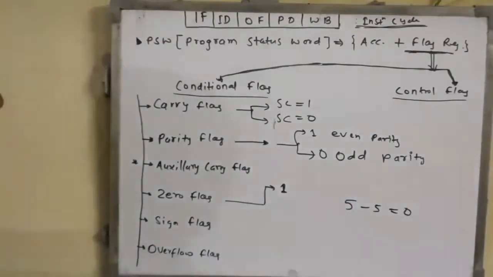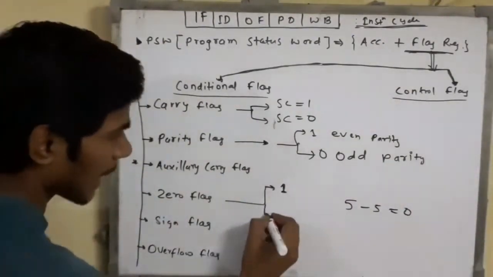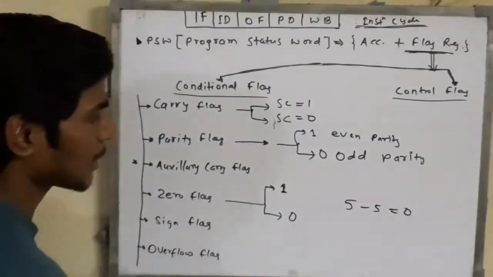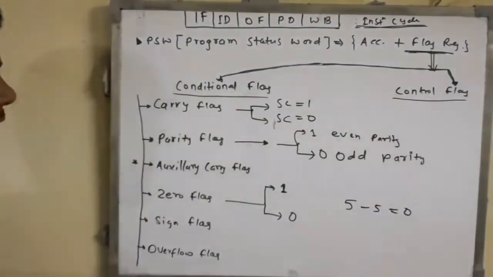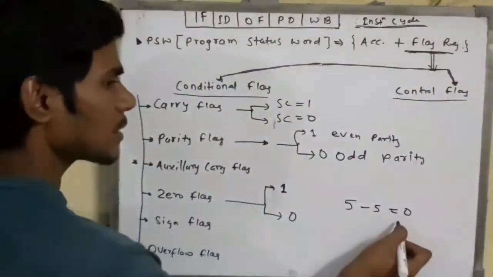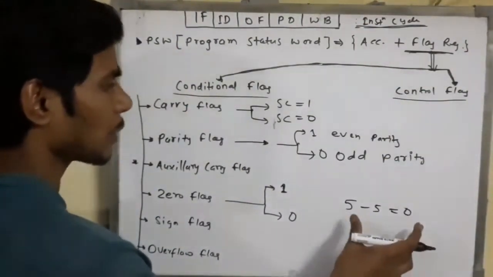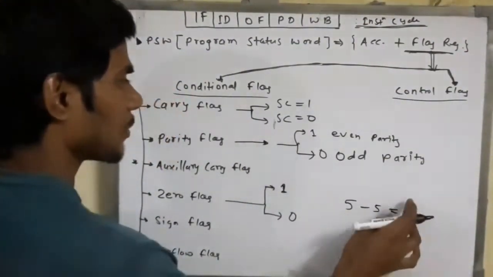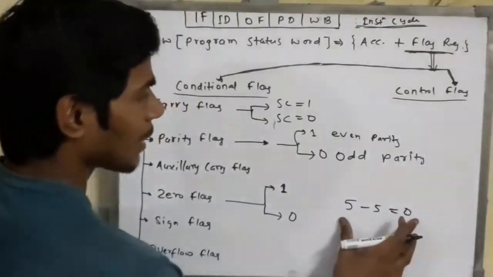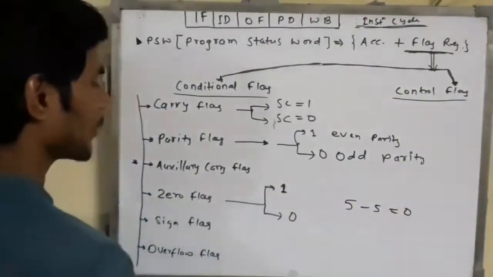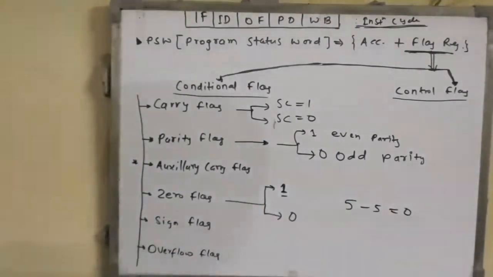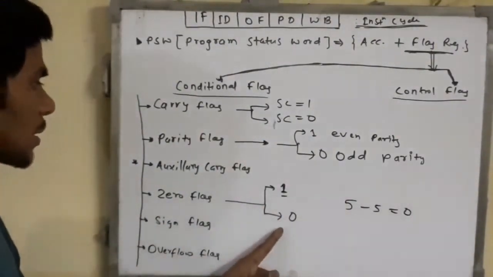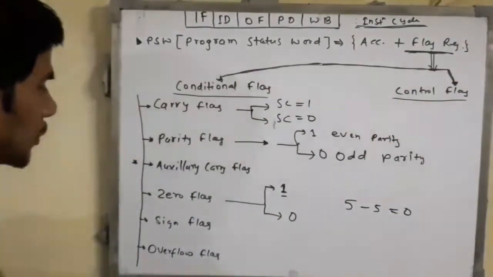What people do, they think if the zero flag is 0 it means the result is 0 and if the zero flag is 1 it means the result is not 0. This is not the case. If the accumulator value is 0, then the zero flag will be set to 1, and in the rest of the conditions the zero flag will be set to 0.